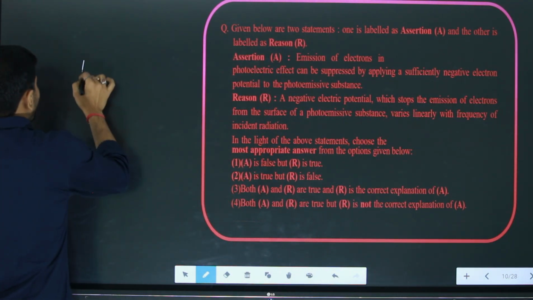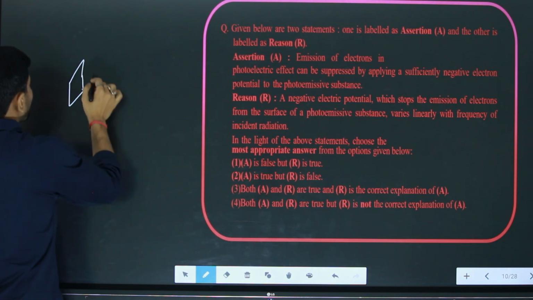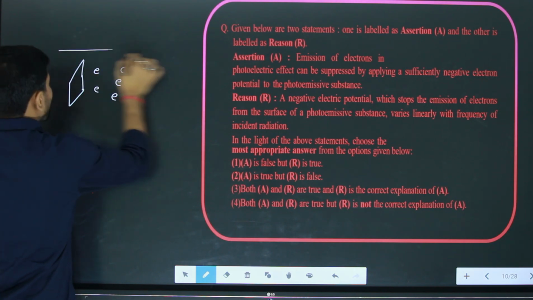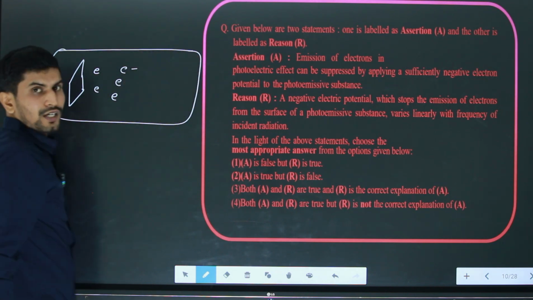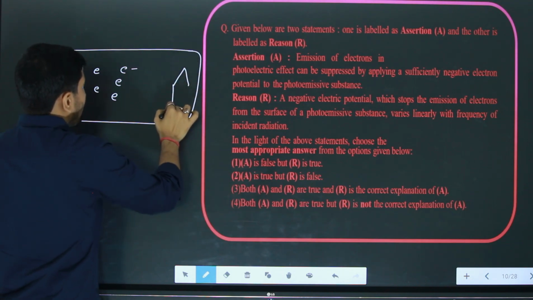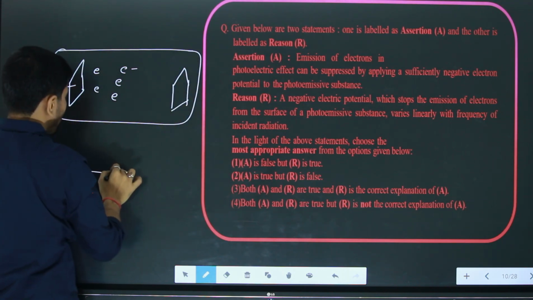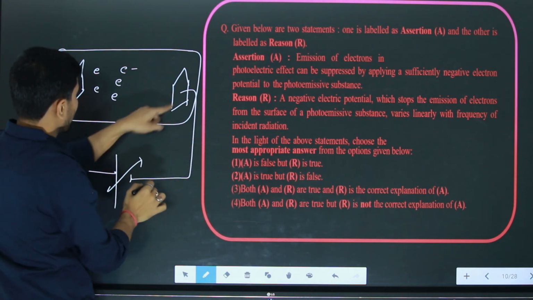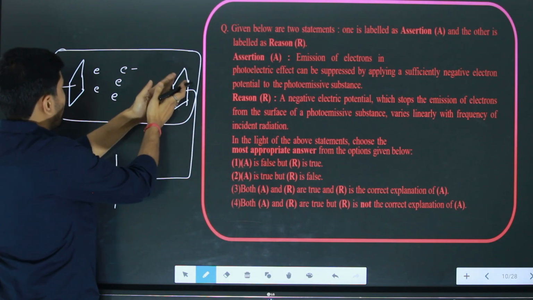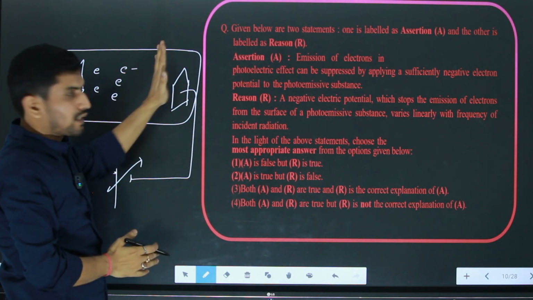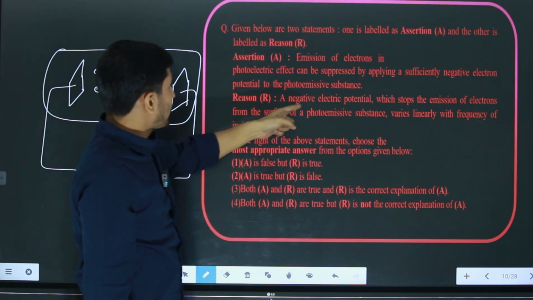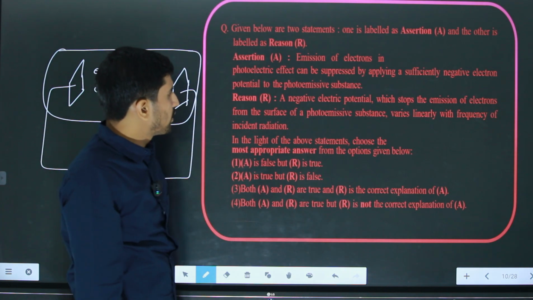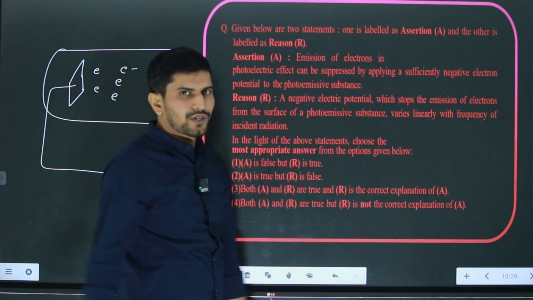As soon as the electrons come out of the metal surface in the vacuum tube, when we apply the anode potential, if we apply negative potential here, then this negative potential will try to stop the electron. That is correct, right? The reason is negative electric potential which stops the emission of electron from the surface of the photosensitive substance varies linearly with the incident frequency.